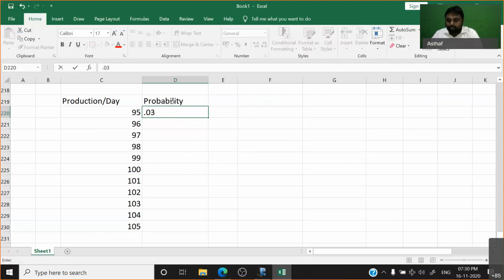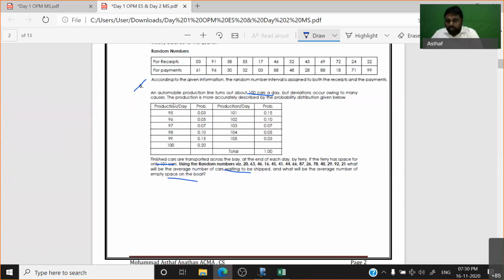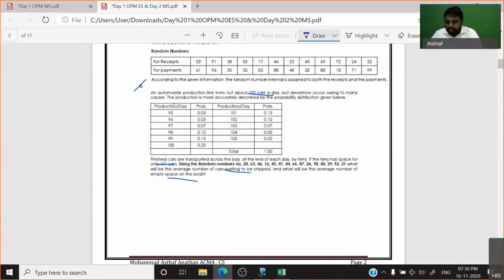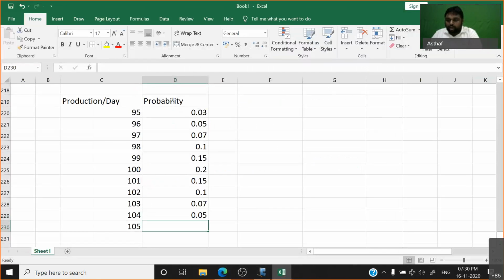0.03, 0.05, 0.07, 0.1, 0.15, 0.2, 0.15, 0.1, 0.07, 0.05, 0.03.